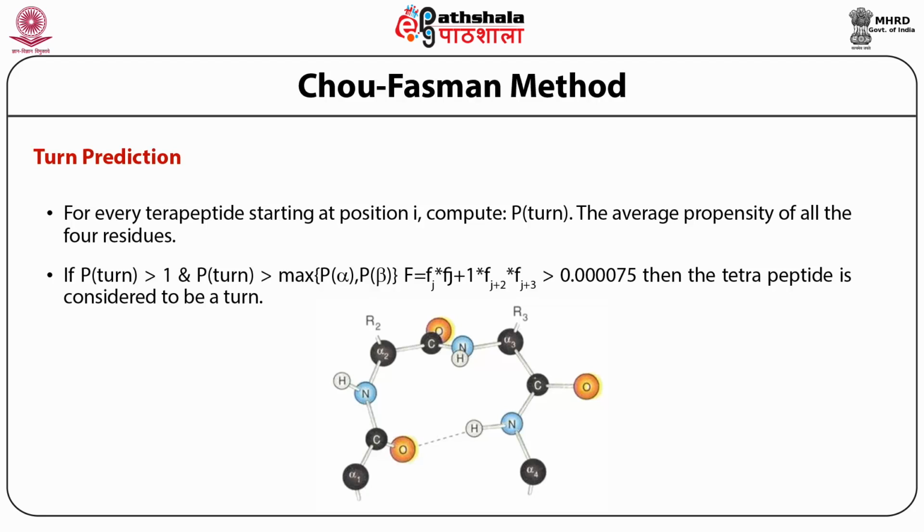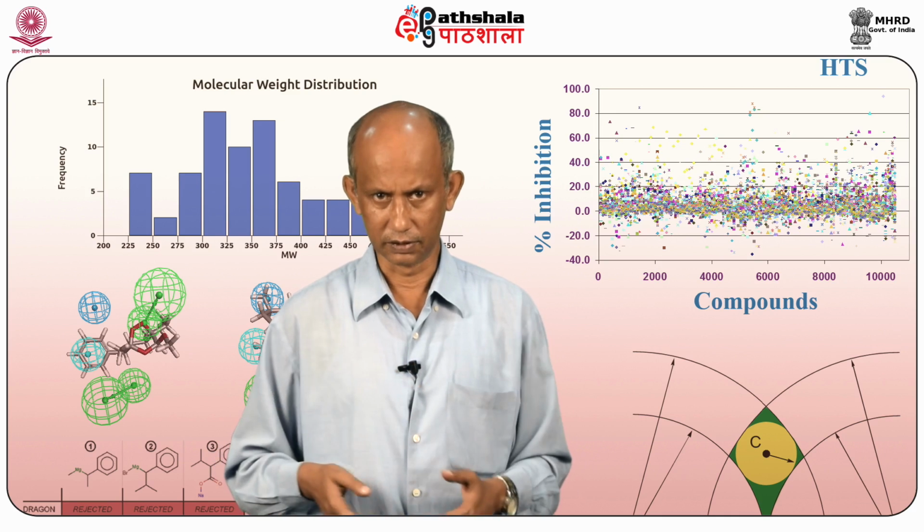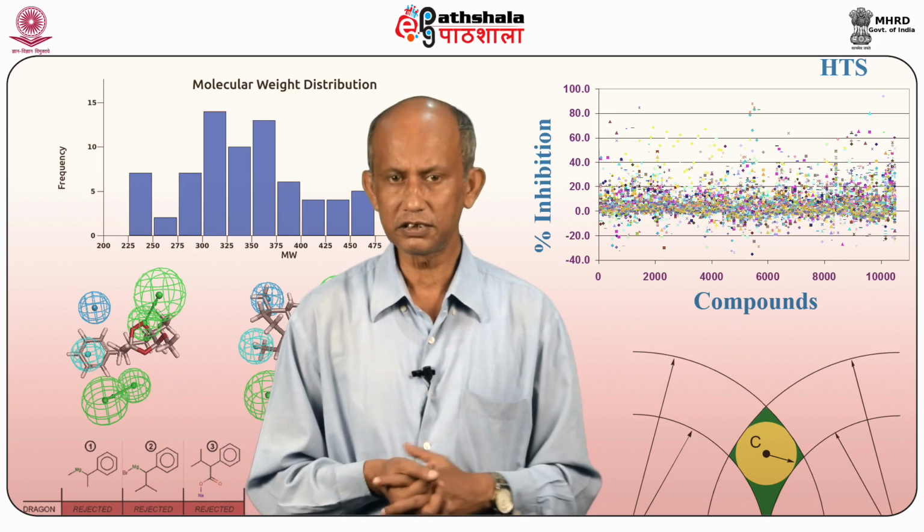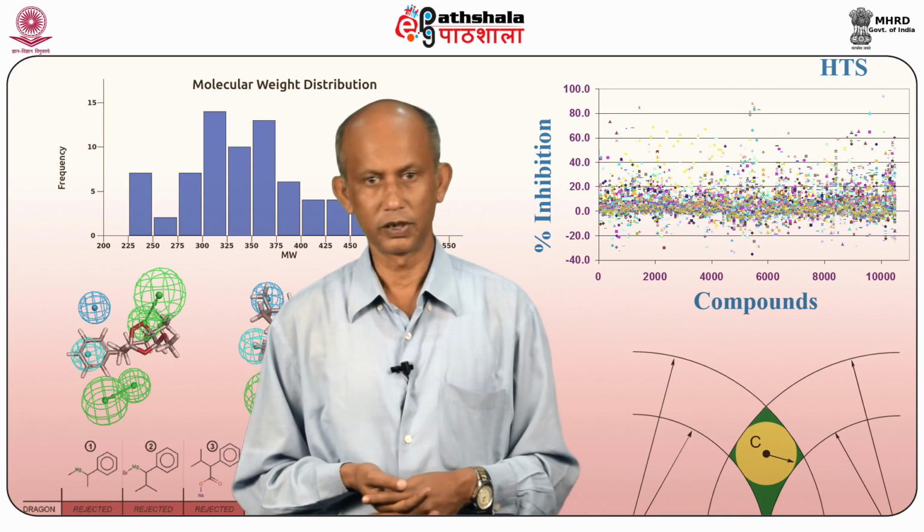Then you take the product of all of them, and if it is bigger than a certain threshold, only then is the peptide going to be called a turn. So these are the Chou-Fasman rules, which essentially create the rules from one database and then apply them to your sequence. It's a simple arithmetical formula, easy to make a computer program out of, and therefore you can make a prediction.